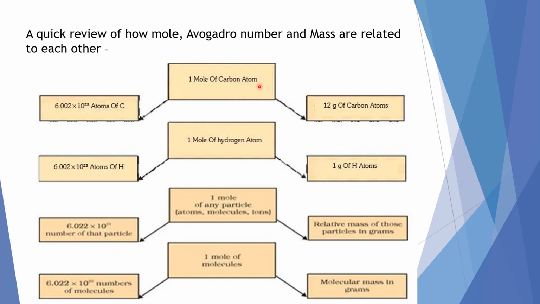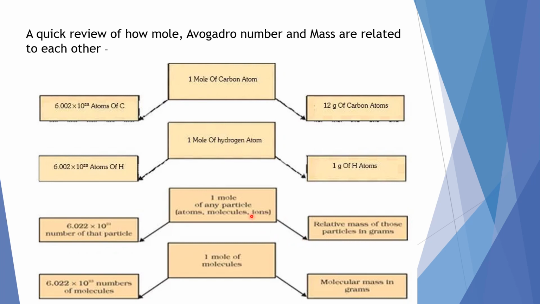1 mole of carbon atoms, you know that 12 gram of carbon is the mass. What is the mass of 1 mole of carbon atoms? 12 gram. Next, 1 mole of hydrogen atoms, the mass of hydrogen is 1, so 1 gram of hydrogen atoms. Next, 1 mole of any particle is the relative mass of those particles in grams.